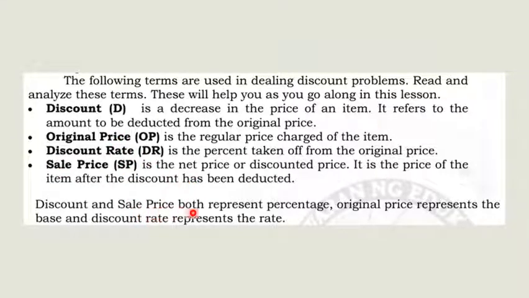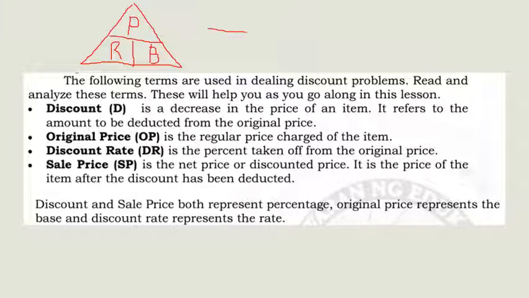So, discount and sale price both represent percentage. Original price represents the base and discount rate represents the rate. Kung naalala natin doon sa ating past lesson, gumagamit tayo ng triangle. Ito yung percentage, ito yung rate, and ito yung ating base.